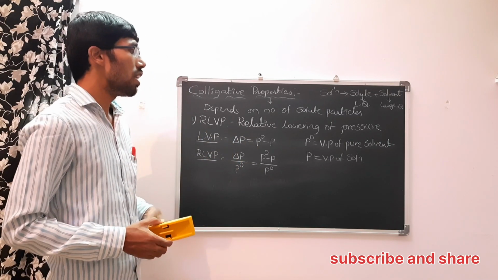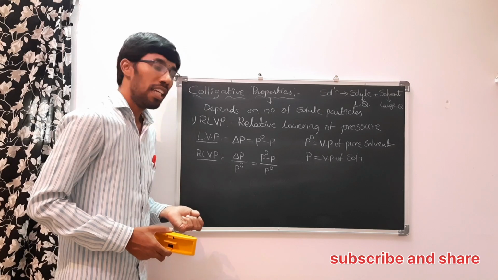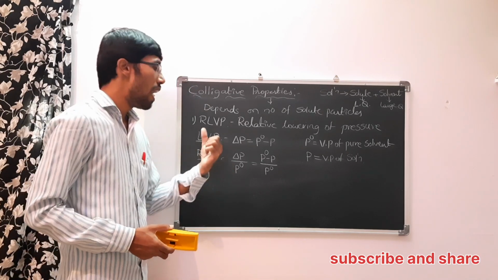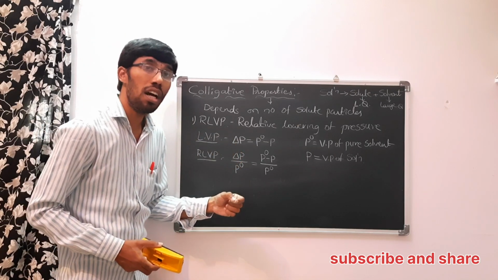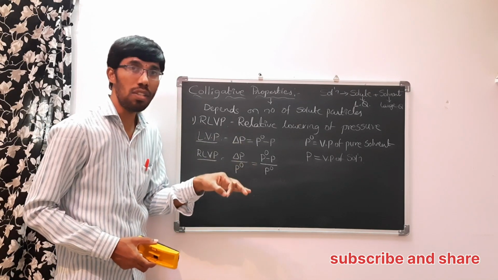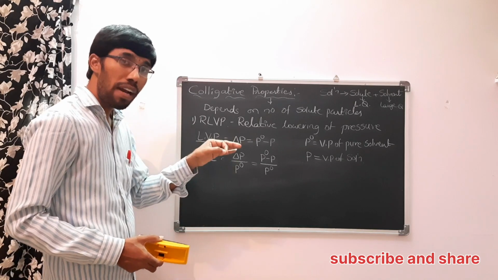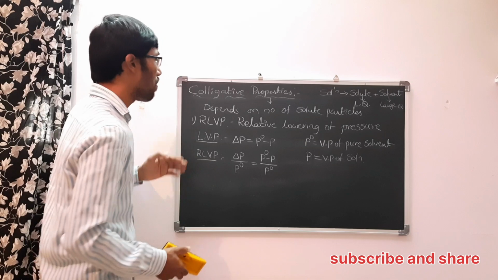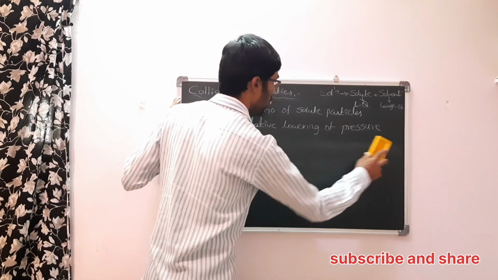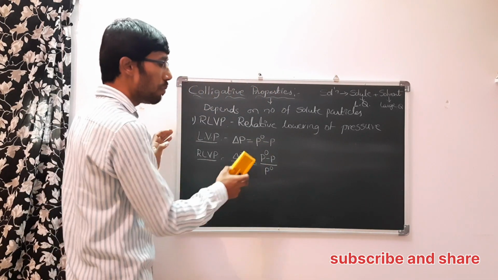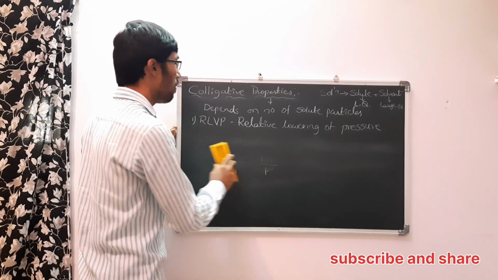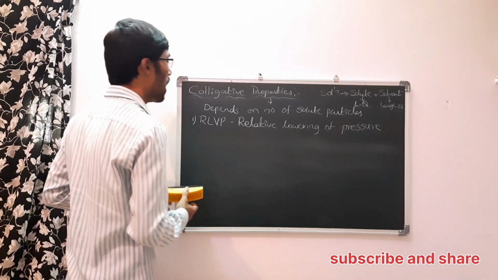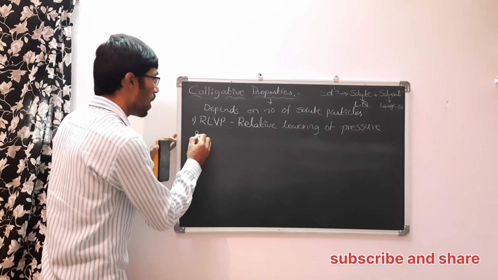But actually, Raoult is the scientist who gave the relation between the relative lowering of vapor pressure and the mole fraction of a component, the solvent, in the solution. We will see that equation. What is P0 here? It means the pure solvent vapor pressure, which we can represent as P1 naught.